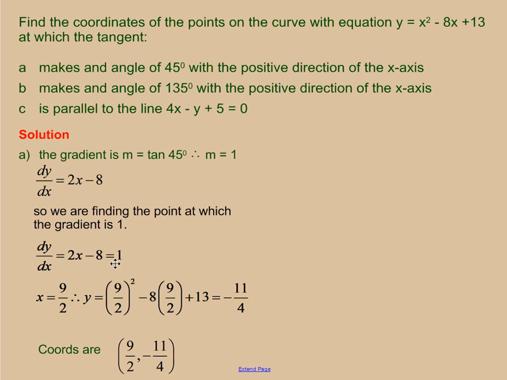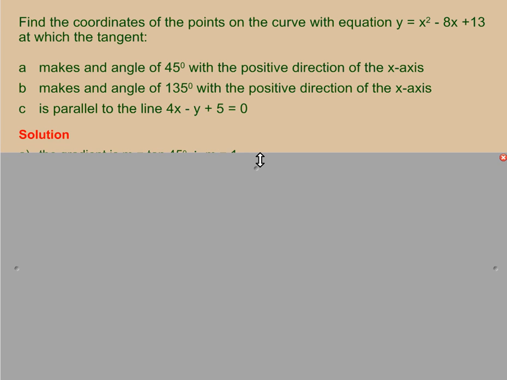So let's have a look at some examples here. We want to find the coordinates of the points on the curve with equation y = x squared minus 8x plus 13, where the tangent makes angles of 45, 135, and where it's parallel to this line.